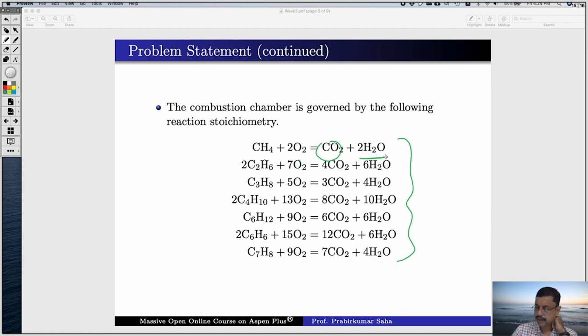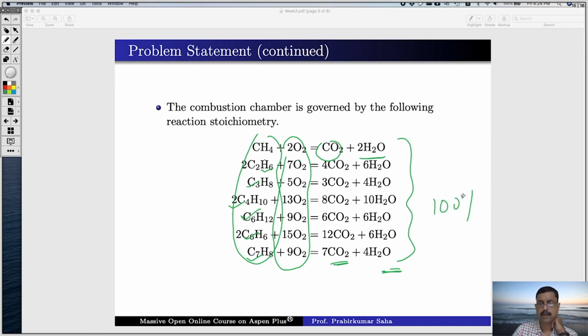So is ethane, propane, butane, cyclohexane, benzene and toluene. All of them are burnt with oxygen to form carbon dioxide and water. They have their own stoichiometric proportions, but they all form carbon dioxide and water. And mind that it is 100% combustion.